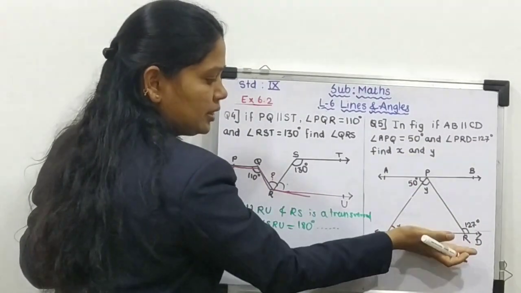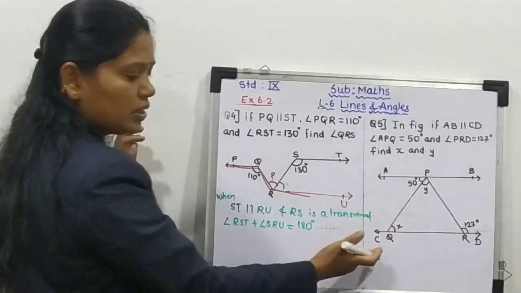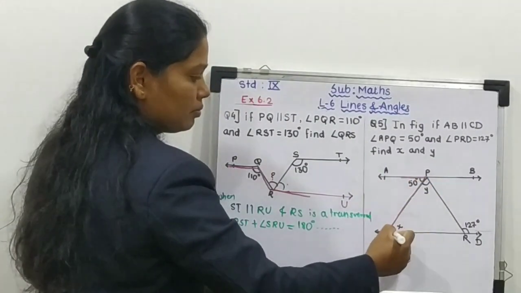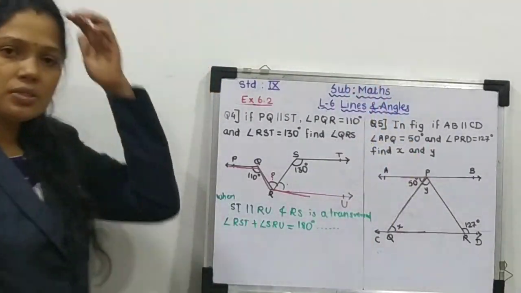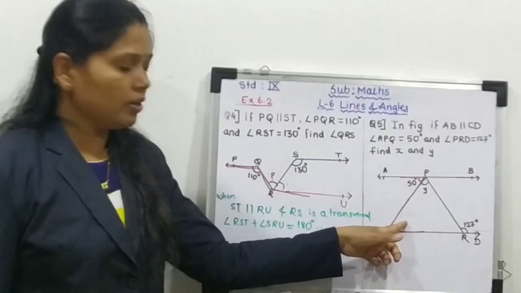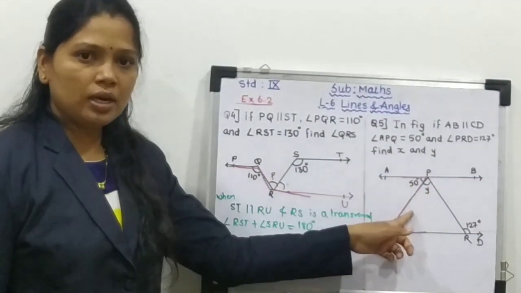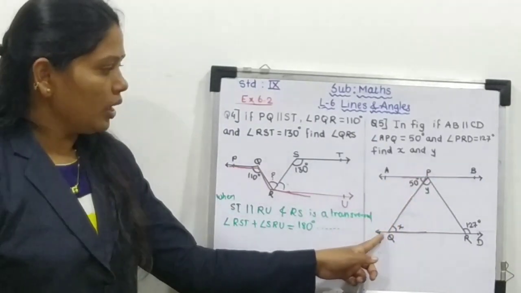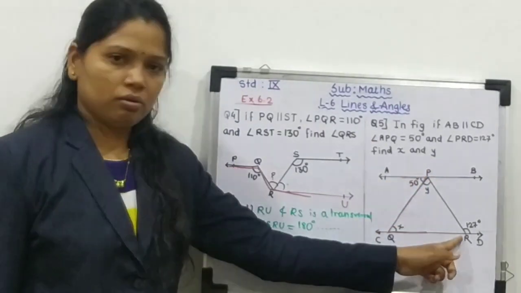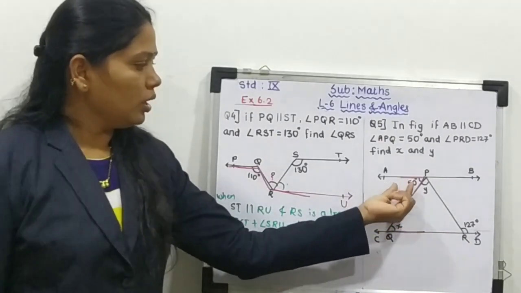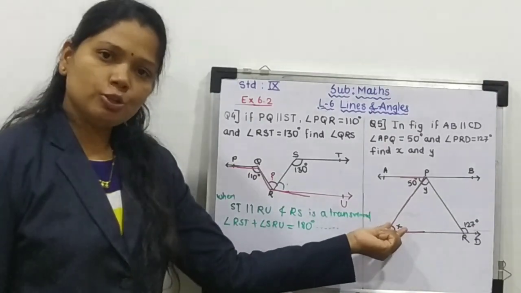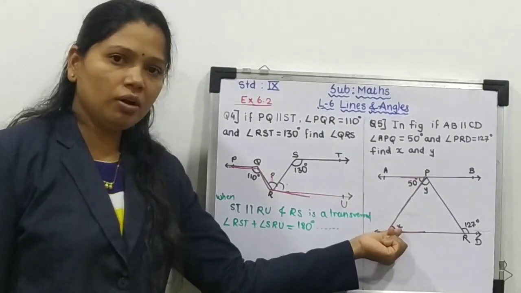When AB and CD are parallel and PQ is a transversal, at that time alternate angles are equal, no? Alternate angles are equal. So angle APQ equals angle PQR. So if APQ is 50, then angle PQR will also be 50. Then we got the X value.